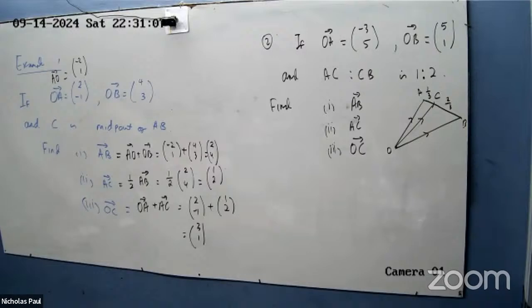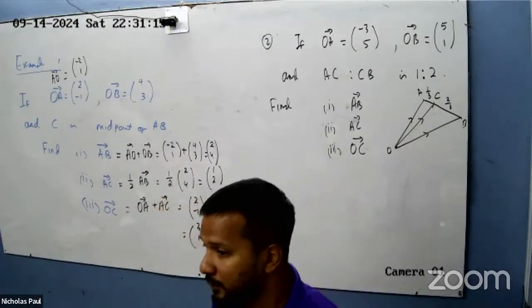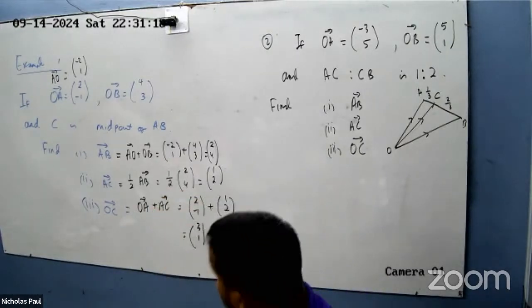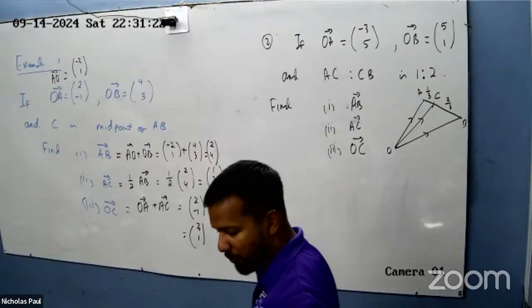Right, remember if I give you a coordinate, all you have to do is write it vertically and it becomes the vector. That's what I showed you last week, right? You're done? Hurry up.